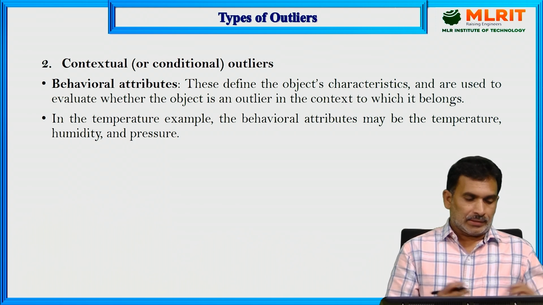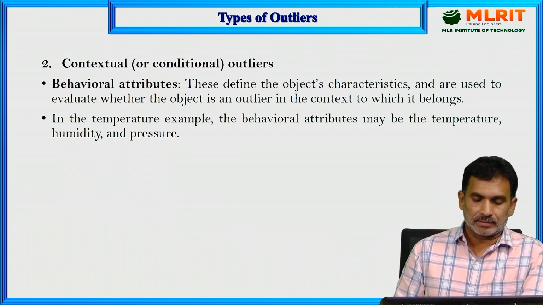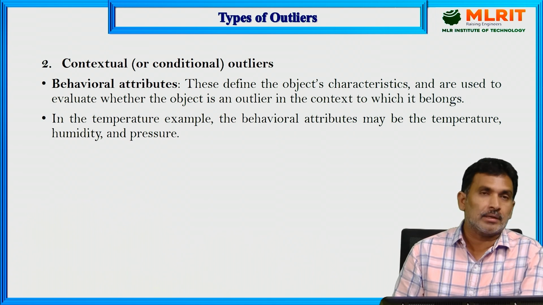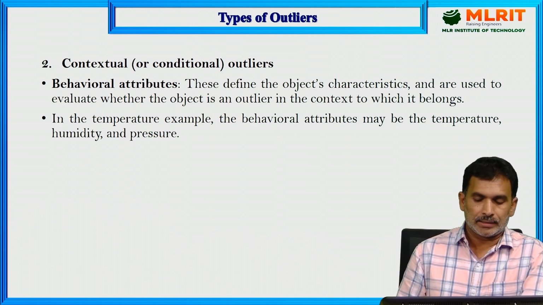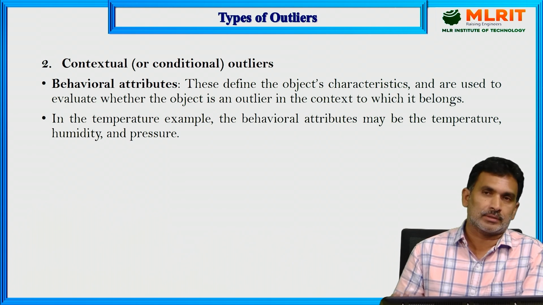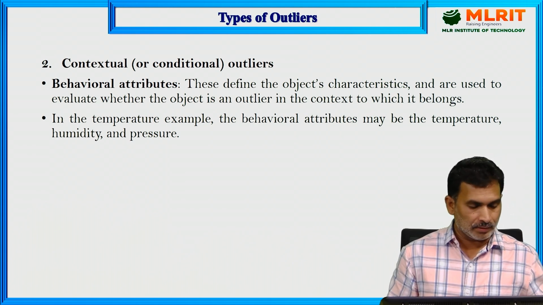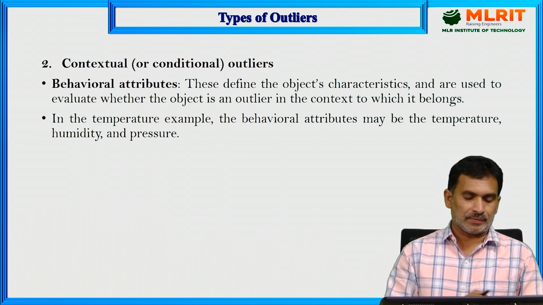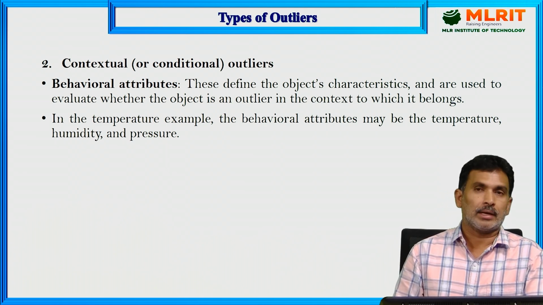Another one is the behavioral attribute. These define the object's characteristics and are mainly used to evaluate whether the object is an outlier in the context to which it belongs. Recalling this temperature example, the behavioral attributes may be the temperature, humidity, and pressure.